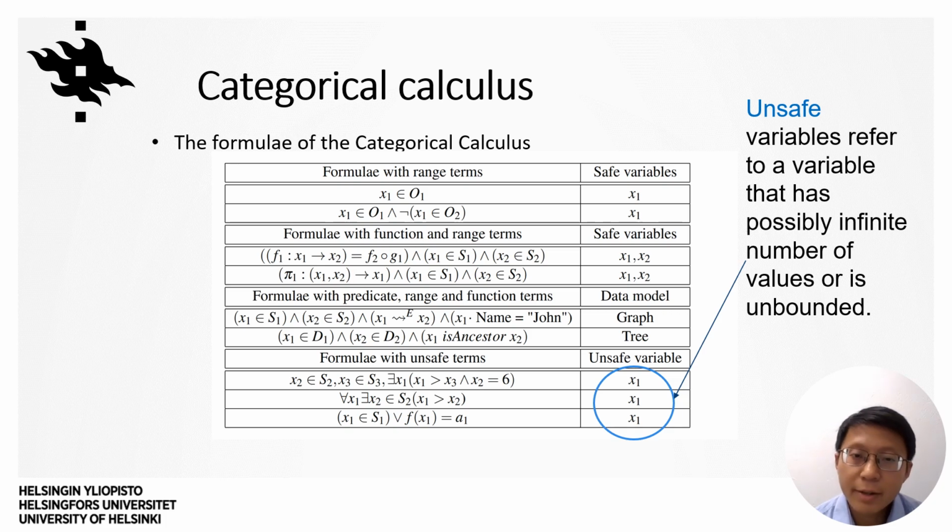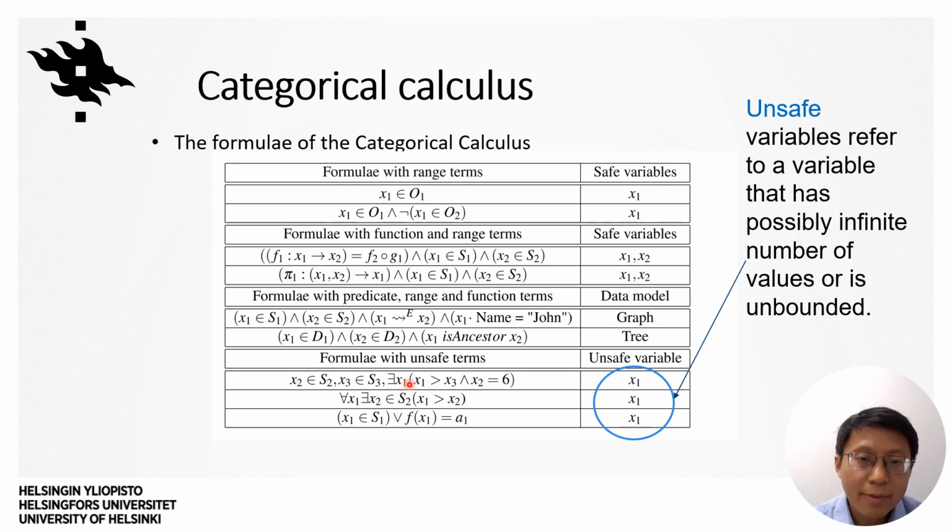Here we define the unsafe variable. An unsafe variable refers to a variable that has a possibly infinite number of values. It is unbounded. In these examples, x2 belongs to S2, so x2 is a safe variable because it has a bound in the set S2.